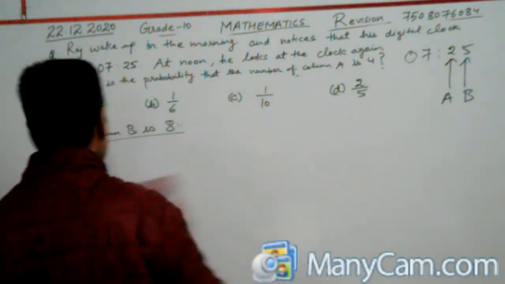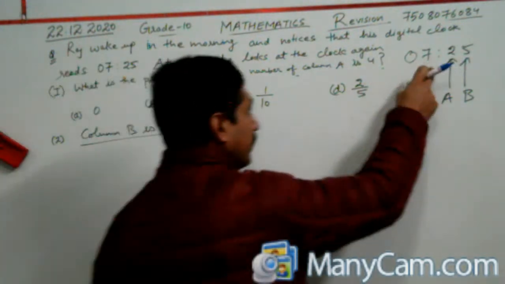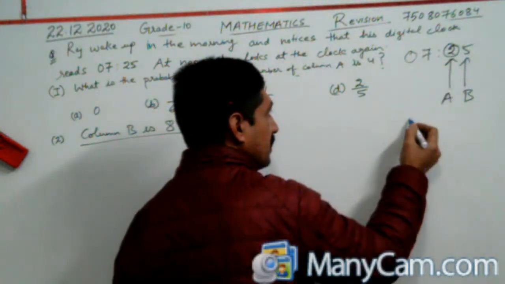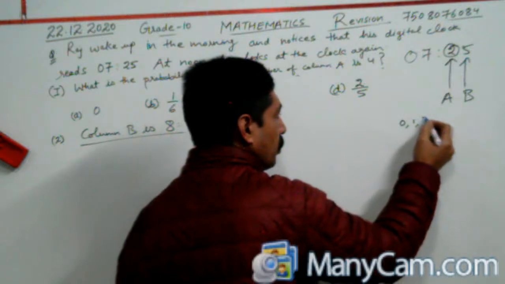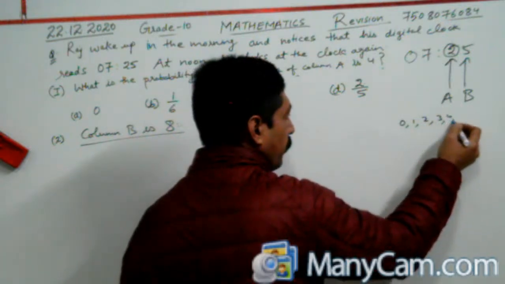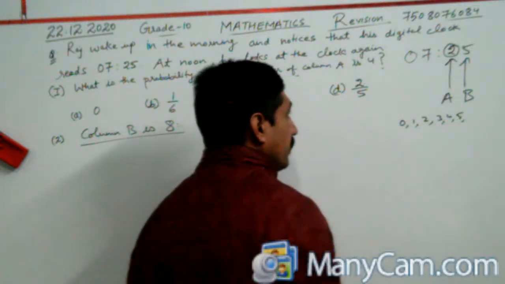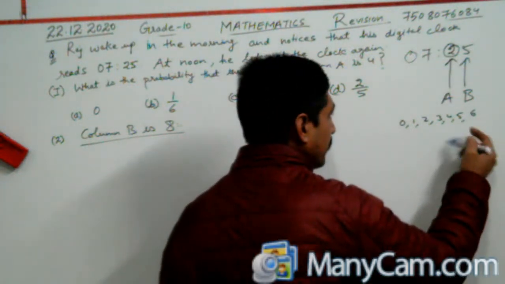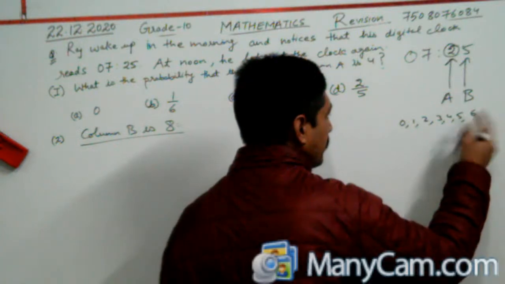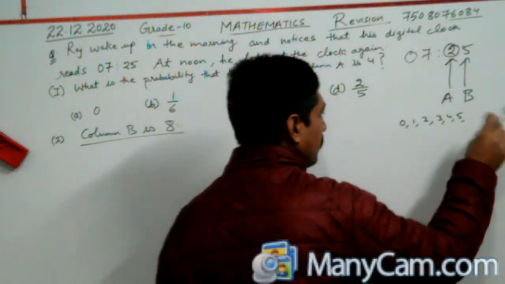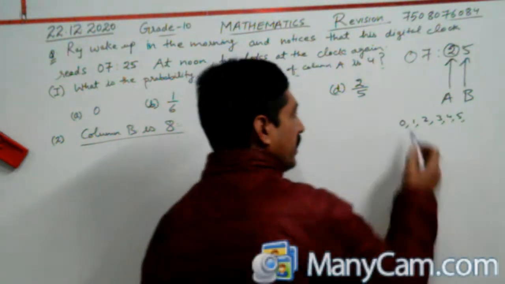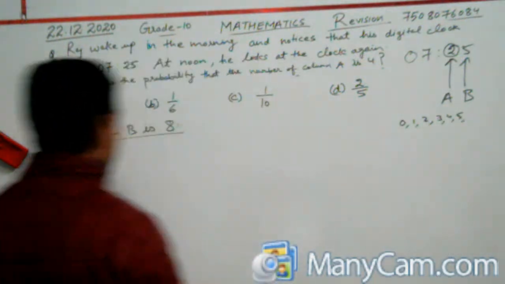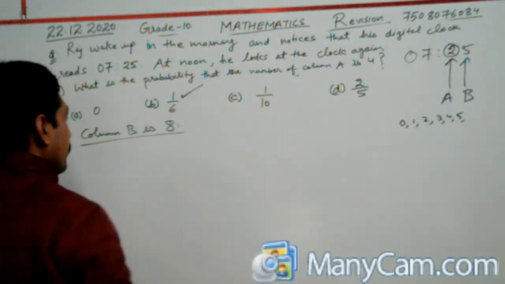So sample space is very important. Which numbers are coming? Numbers coming are 0, 1, 2, 3, 4, 5, and even 6 is coming. Right? Up to 59. So 6 will not come, it will be next. So here 1, 2, 3, 4, 5, 6. So 1 by 6 is the right probability here.